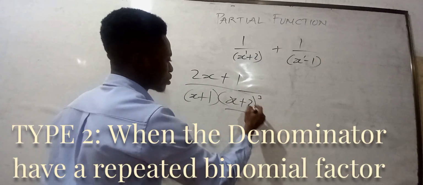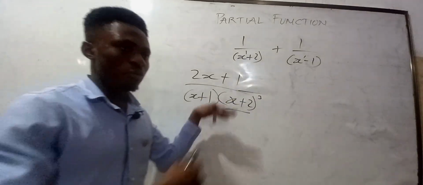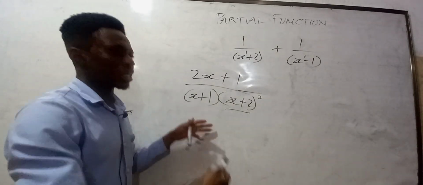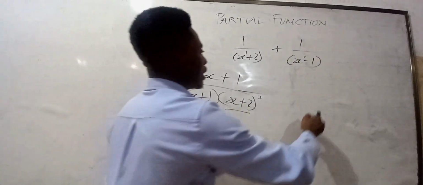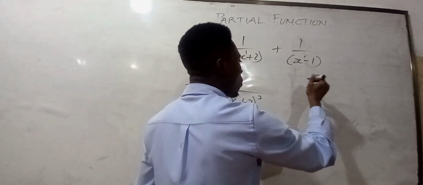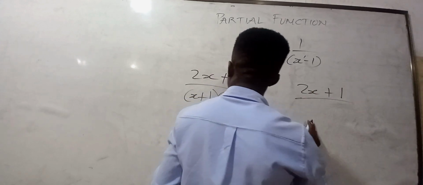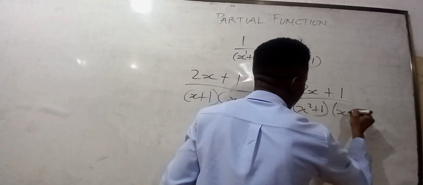This part is a repeated binomial. So this method too is there, and when a question comes like this, you should know how to do it. And sometimes the question can come with a quadratic factor like x plus 1 divided by x squared plus 1, x plus 2.